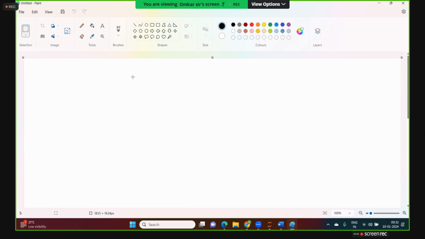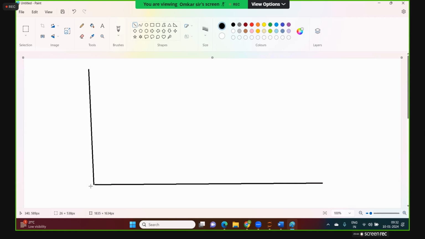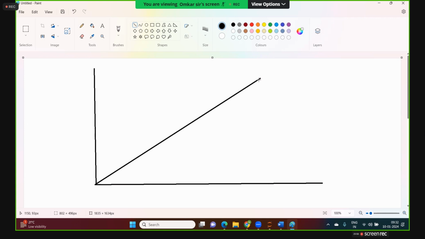It is a linear equation. The line is going like this. Now this is your RHS equation, which is called the regression equation, correct?